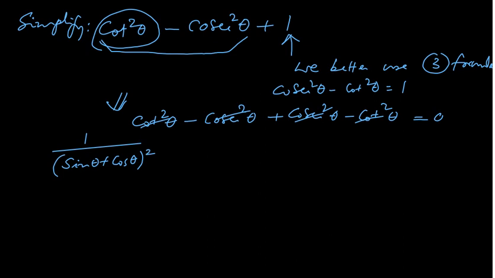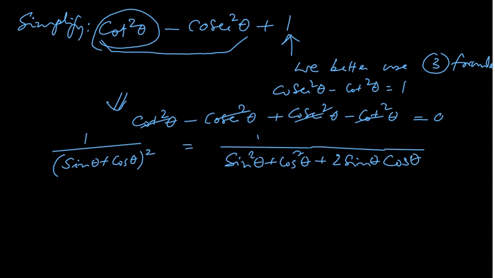In this case there is no need to do anything special. First simplify. You'll have 1 divided by sin square theta plus cos square theta plus 2 sin theta cos theta, using the identity for a plus b whole squared.